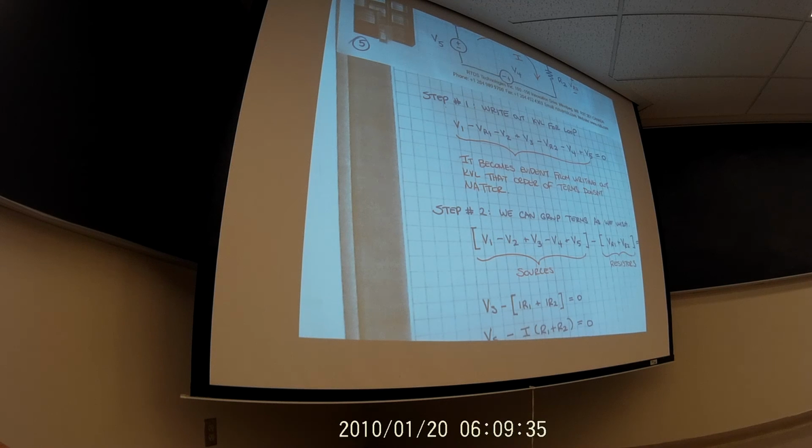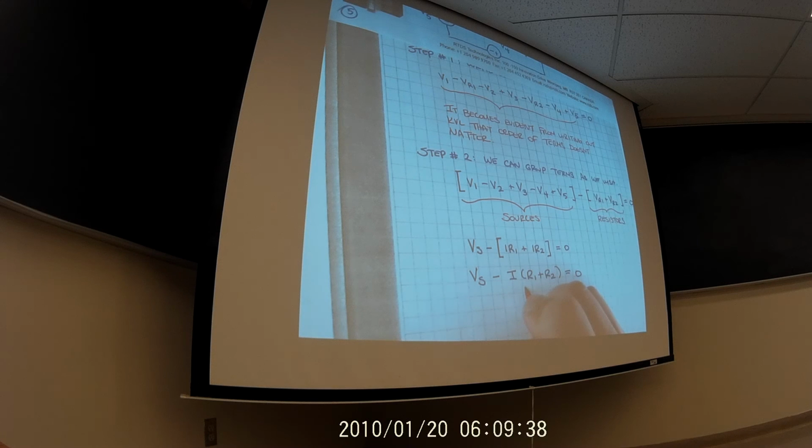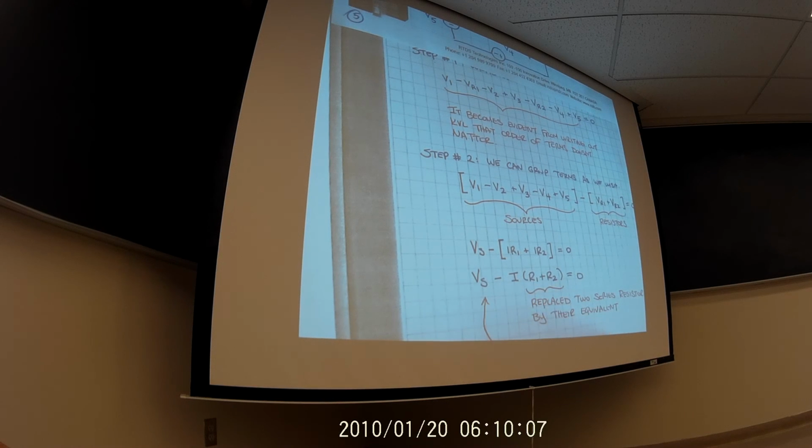And so we end up with an expression that looks like this down here. So what we've done is we've replaced the two series resistors by their equivalent, and we've also combined all the sources into one.